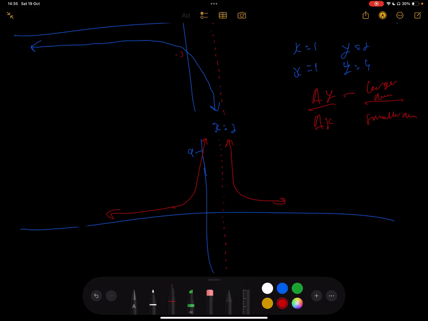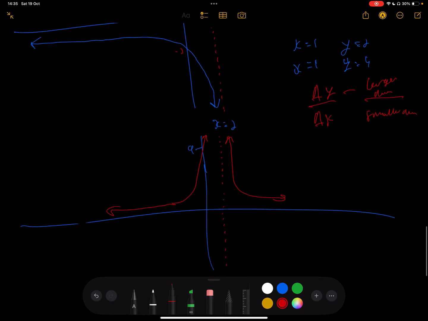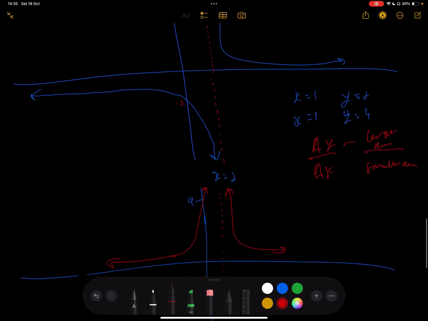That's obvious because that's how we do division. So therefore, the gradient is going to be steeper. So that's what we have to make sure to highlight when we're drawing these graphs.